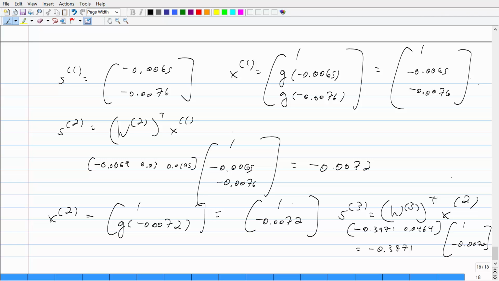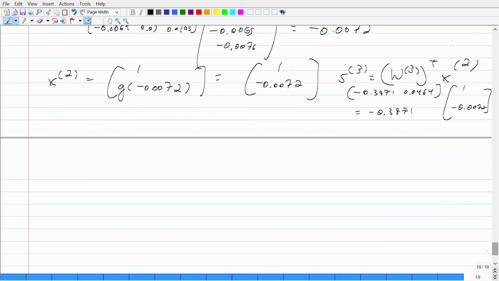Okay, so that's good. X of 2, S of 3, and then finally I need to calculate the output. So in this case, you just apply the activation function to minus 0.3871, and in this case, we get something slightly different because the magnitude is slightly higher, which is 9.1. Okay, great, so we're done that now.